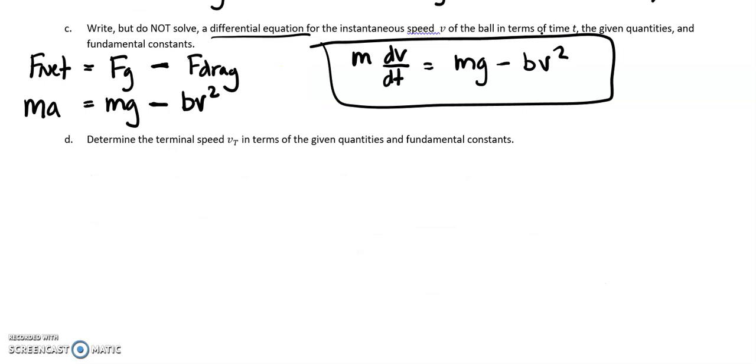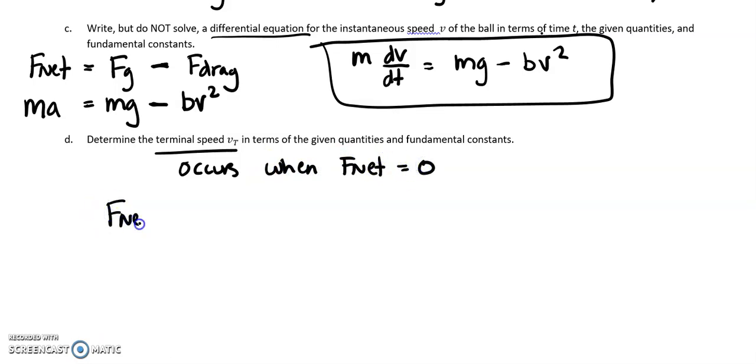Okay, so for part D, our last part, we're going to determine the terminal speed, vt, in terms of the given quantities and fundamental constants for this object. So terminal speed occurs when F net equals 0. Great. So if we set this up, we know F net is equal to, we already set our two forces, Fg and F drag.